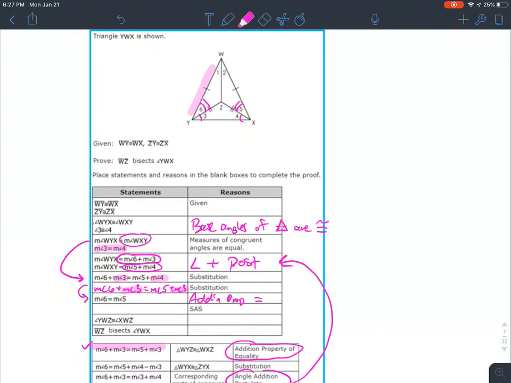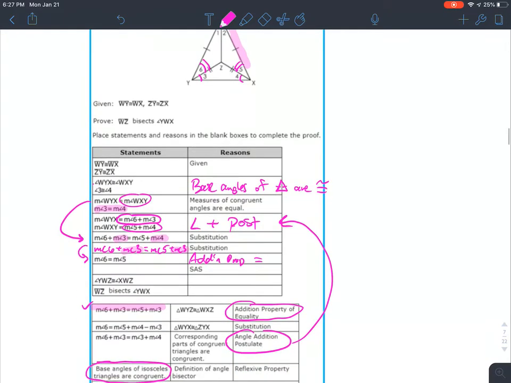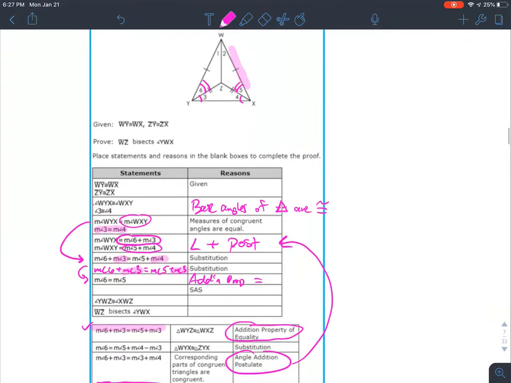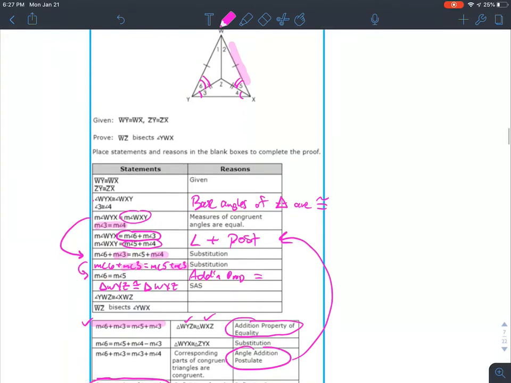We've got this side congruent to this side, congruent to this side, and the included angles are congruent. That's side angle side. That's triangle WYZ, that's this one here, and triangle WXZ, that's this one here. So that's what's going to go on this next line. Getting to that point is getting a little tougher.